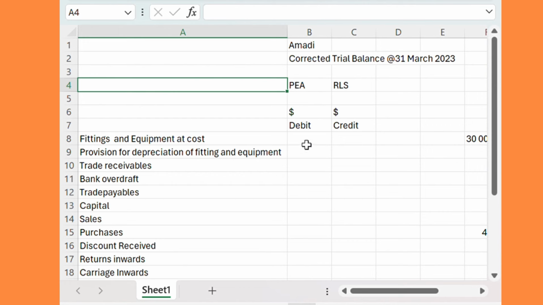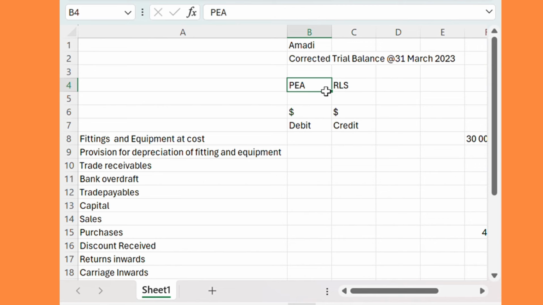So then we look at the question that we have. Ahmad's trial balance is also on the 31st of March. So here we see we have fittings and equipment at cost. Fittings and equipment at cost is an asset, because the fittings and equipment could be a machine that we've bought to help us create a particular product.